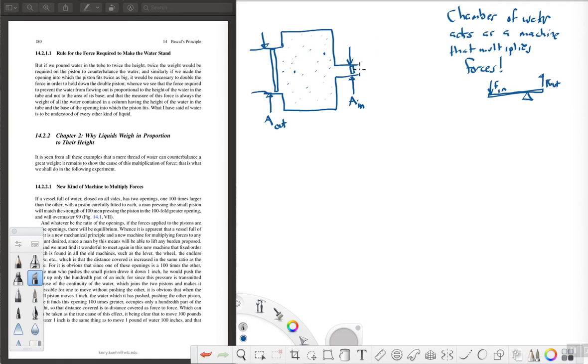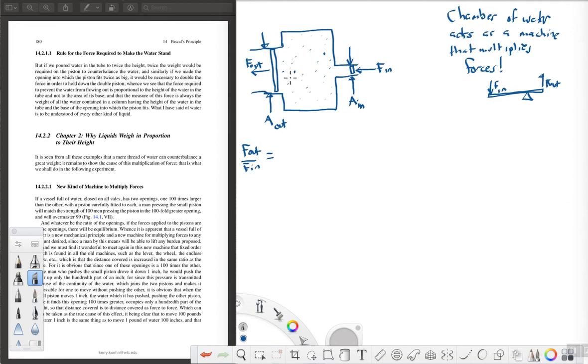Similarly, we're going to imagine that you apply an input force on this side, and that is going to allow this chamber full of water to exert an output force on this side. And the question is, what is the ratio of the output force to the input force? If the output force is exactly equal to the input force, then this really doesn't multiply or increase the forces at all. It doesn't give you any mechanical advantage.